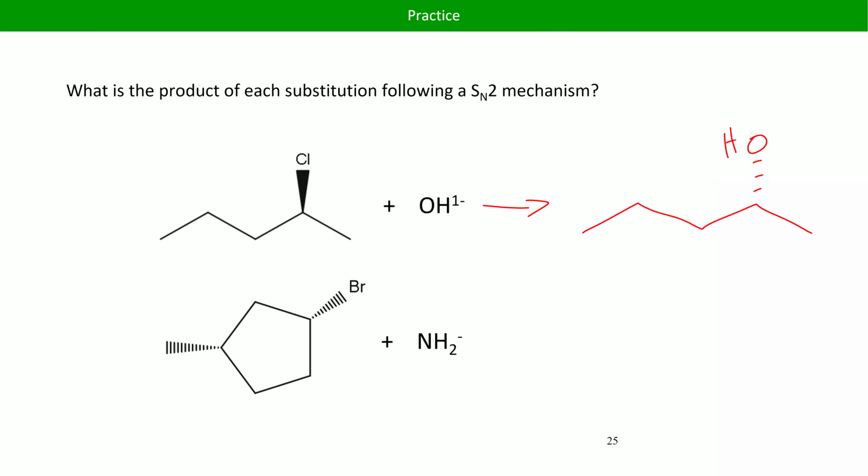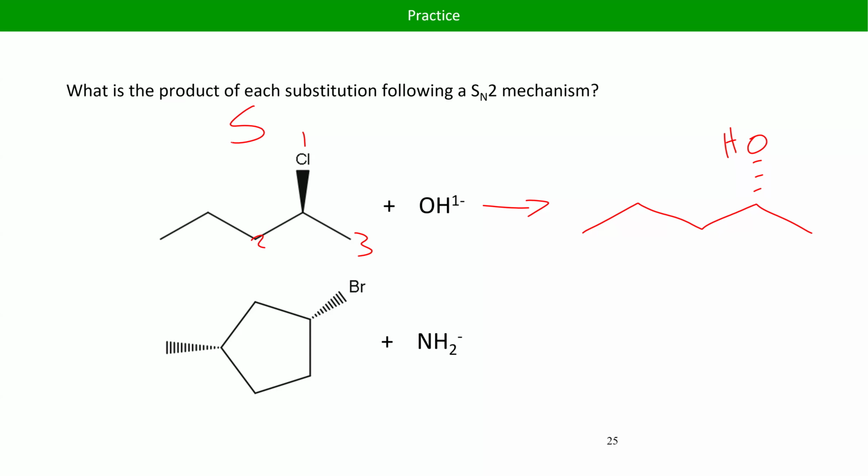So if we started with 1, 2, 3, and the hydrogen is into the board, we started with S. And what it turned into, which stereoisomer? Is it still S or did it flip?